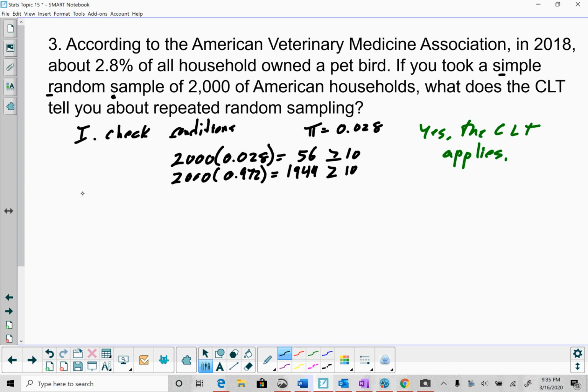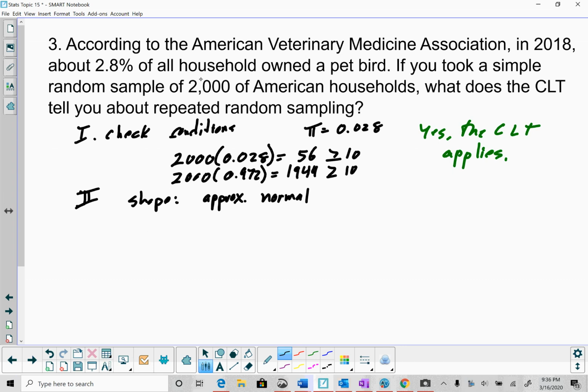So now what's it tell us? The shape should be approximately normal. If we do repeated random sampling, we figured out what proportion of those households said that yes, they had a bird, no, they didn't have a bird.